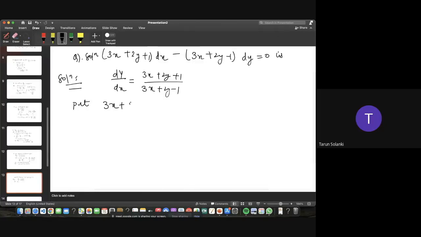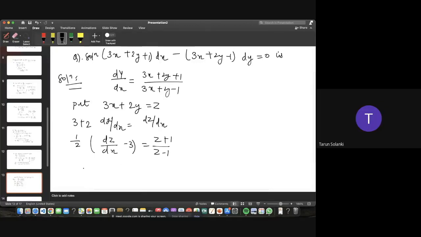So we will put 3x + 2y = z. So 3 + 2 dy/dx = dz/dx, so (1/2)(dz/dx - 3) becomes (z + 1)/(z - 1).